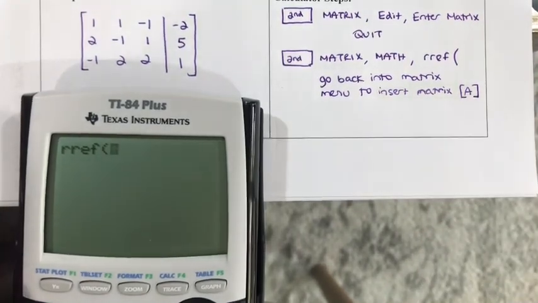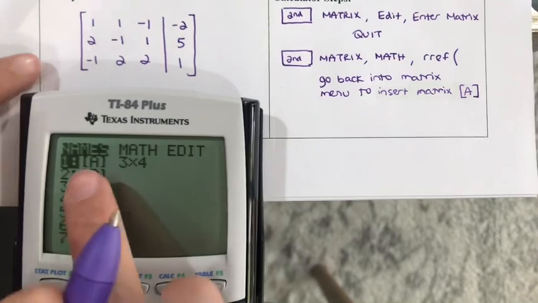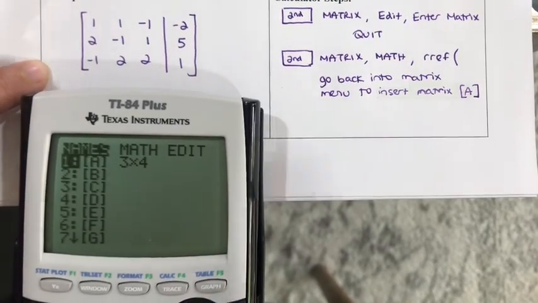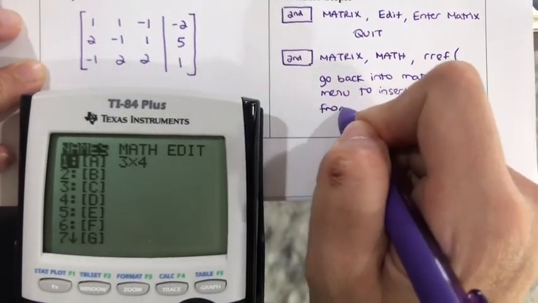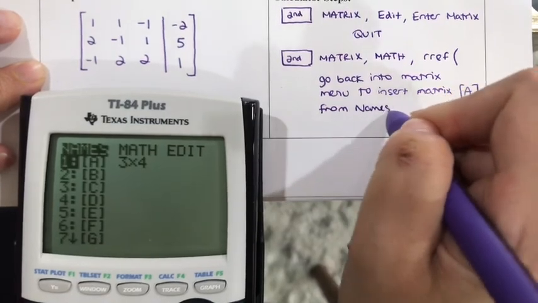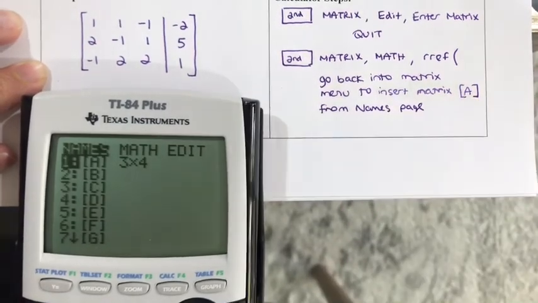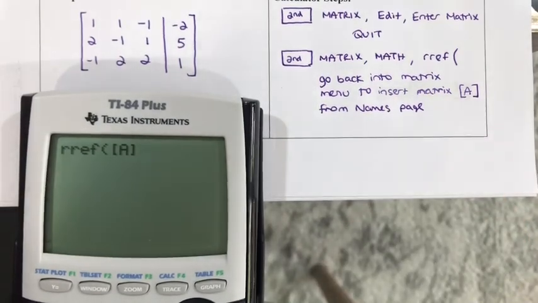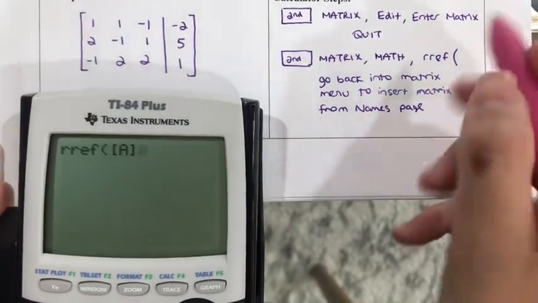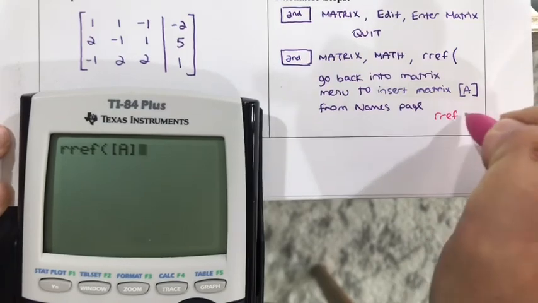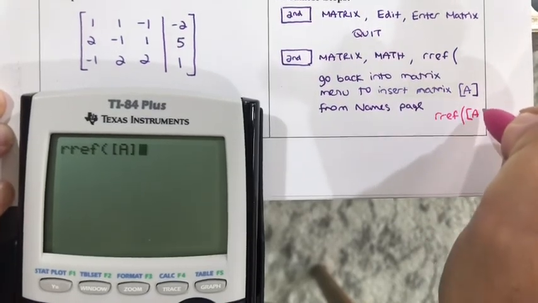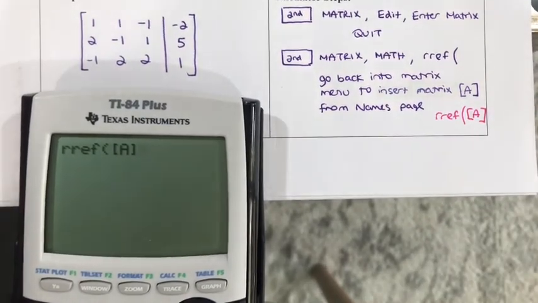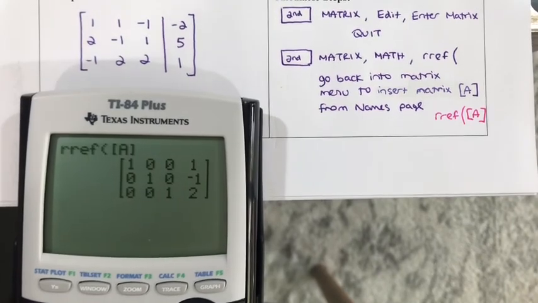Okay, so we're gonna go back into the matrix menu, and from the names page, we're just gonna hit enter. And you'll notice now we have RREF and matrix A. So if you hit enter, you'll notice that we get something that looks like this.